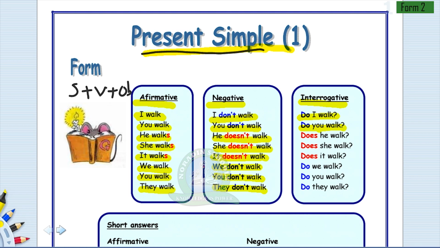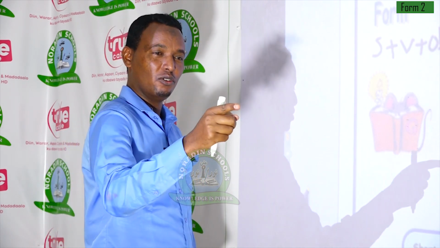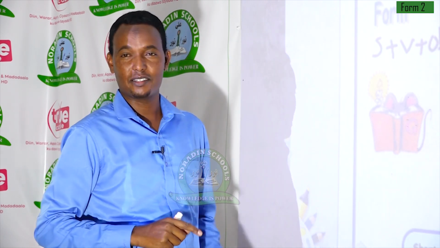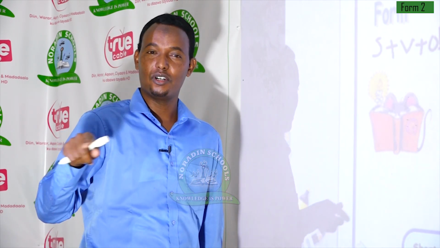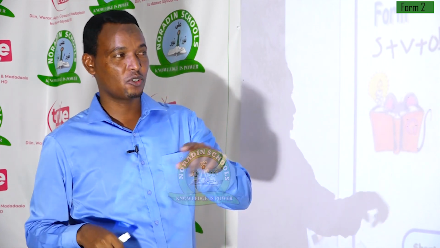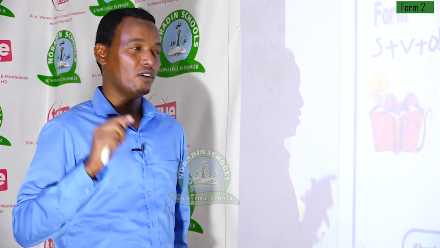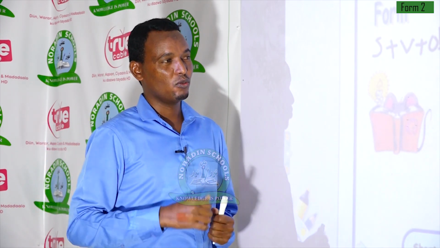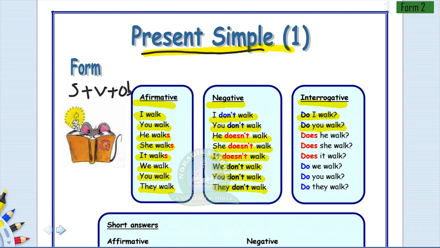In here we have you. If I'm talking about you as a singular, we consider it as a singular you. And if I'm talking about you students, if I'm talking about all of you, I can also use you. So you can either be singular or plural.